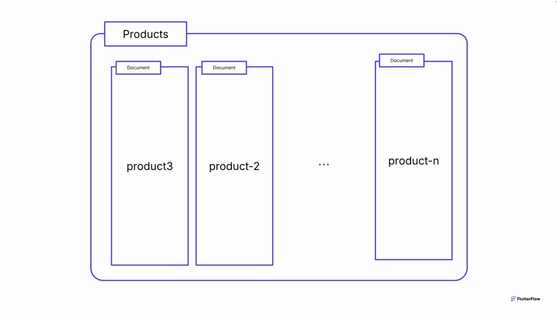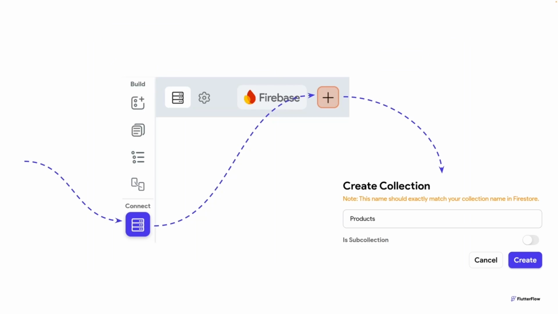As we have seen, a collection is a group of documents. For example, you could have a products collection that contains a list of documents, each representing a single product. You can access the Firestore tab in the navigation toolbar in FlutterFlow. Then you can select creating a collection.